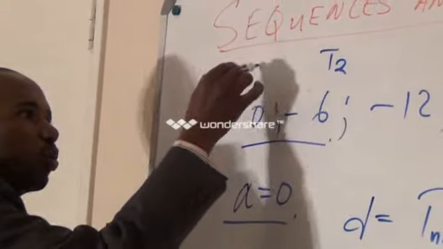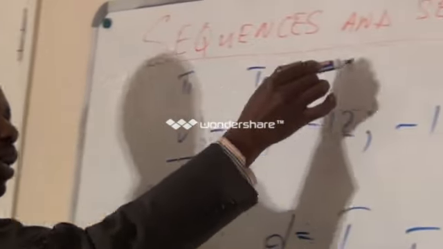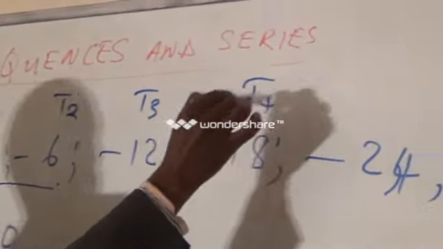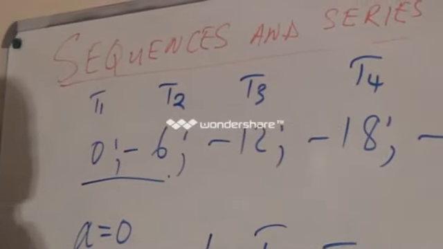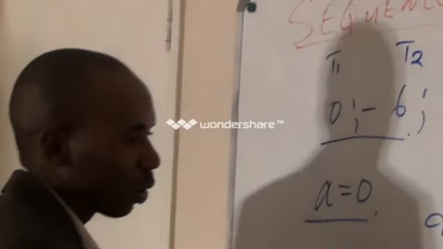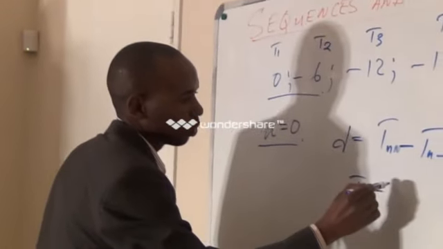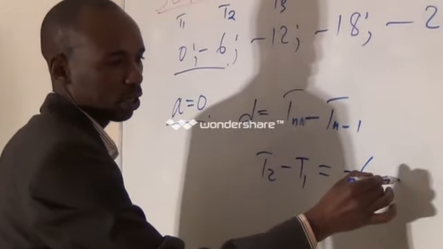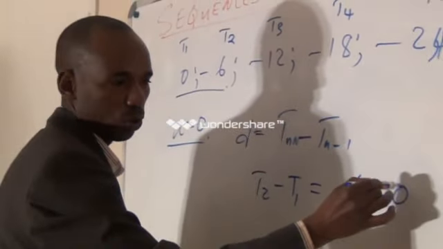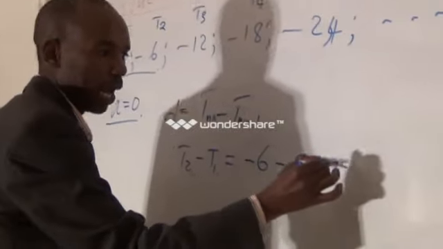T2 here, T1 here, T4, T5. Correct? Now, let us use the first pair. That will be T2 minus T1, which is equal to minus 6 minus 0, which is equal to minus 6.